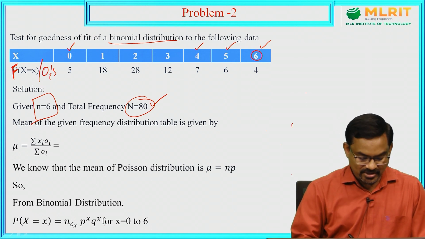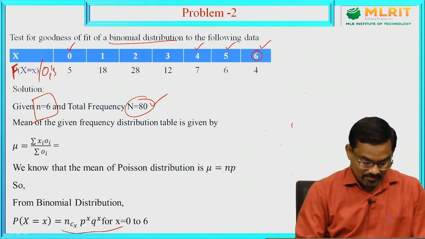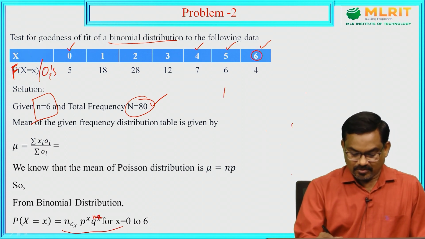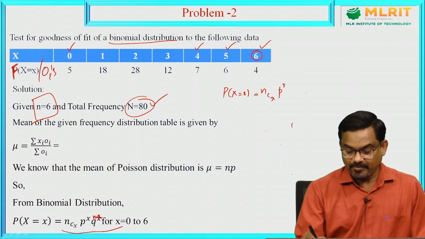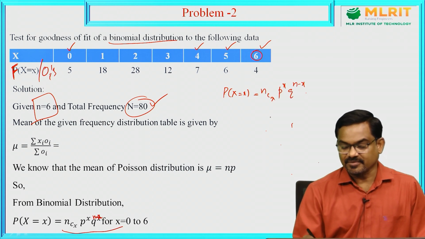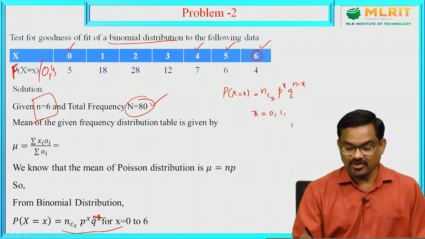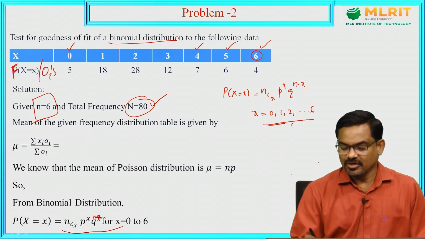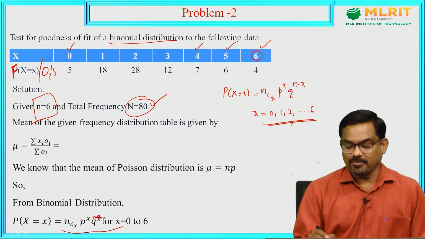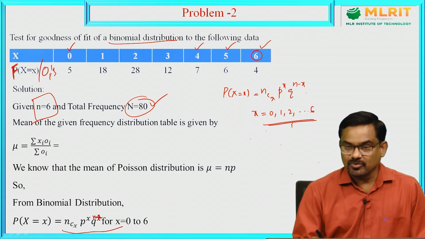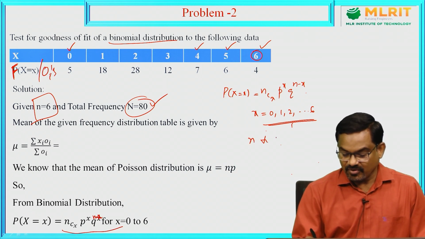So, the binomial distribution formula is P(X = x) = nCx p^x q^(n-x) for different values of x: 0, 1, 2 and so on up to 6. In total we need to find 7 probabilities, and to apply this binomial probability, first we need to know what n and p are.